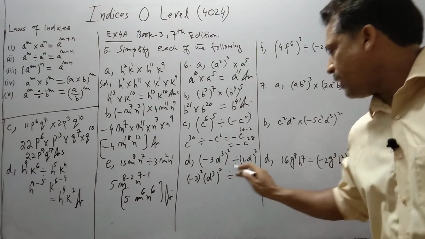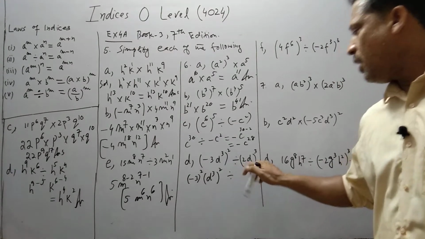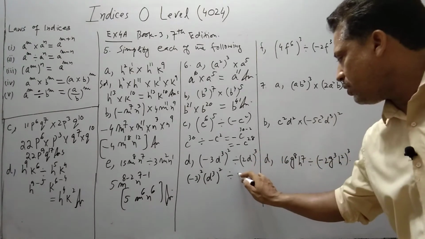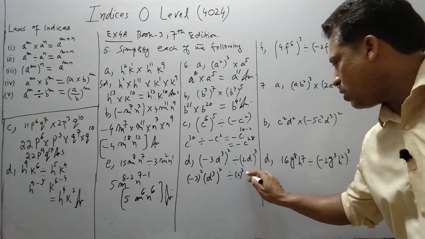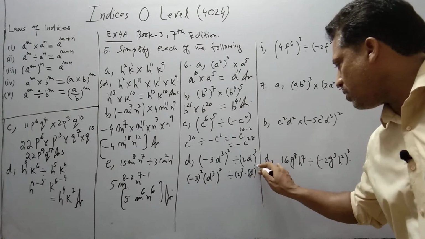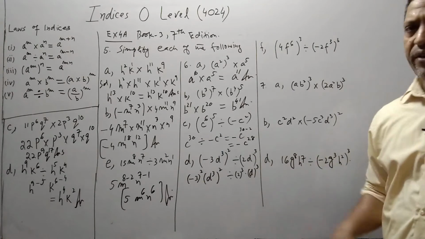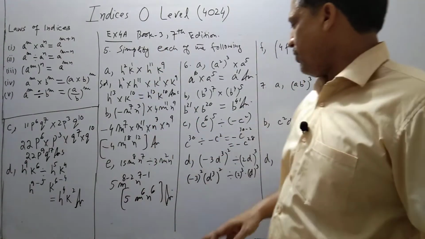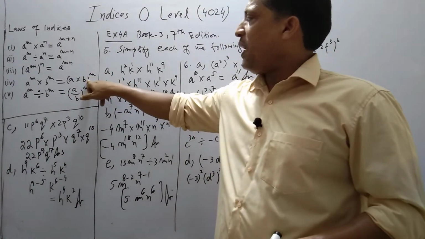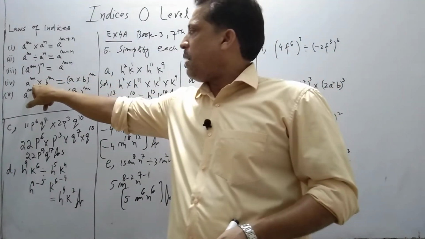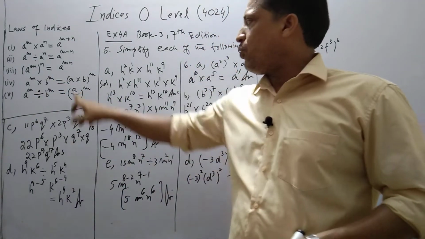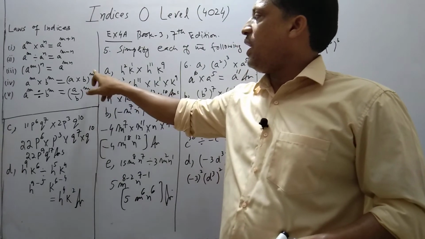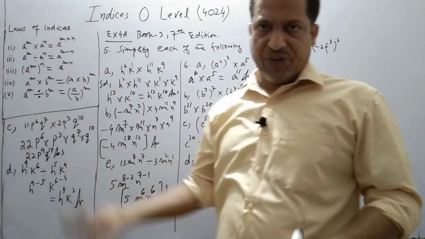Divided by 2d whole cubed, same case: apply this 3 on 2 and this 3 on d. Which law do we apply? Look carefully. (ab) to the power m is always equal to a to the power m times b to the power m. If two numbers are multiplied with some power, we can apply the power on each individual term.